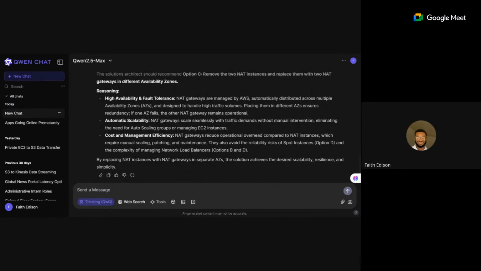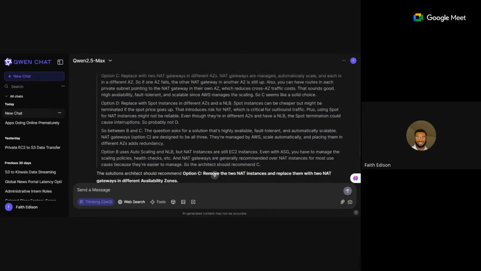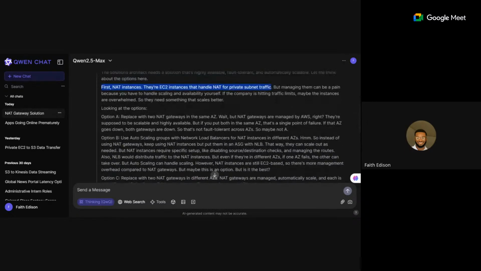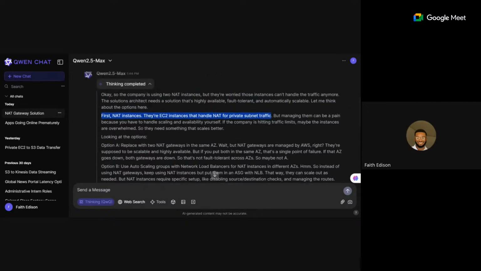Let's see the thinking a little bit because it's taught a lot. They are like EC2 instances, but specifically for network address translation for private subnet traffic, and they are manually managed by the customer.